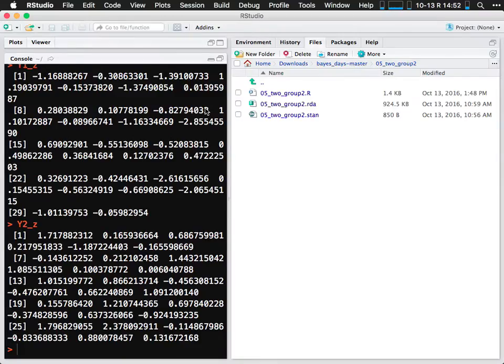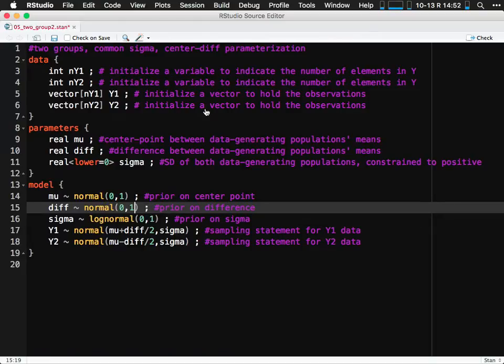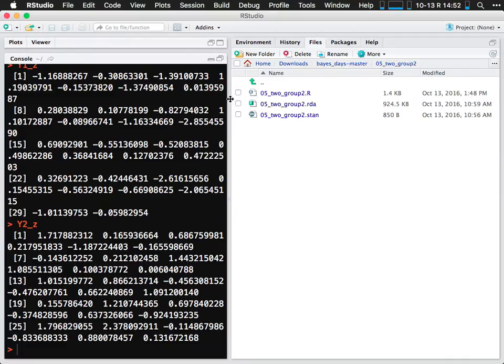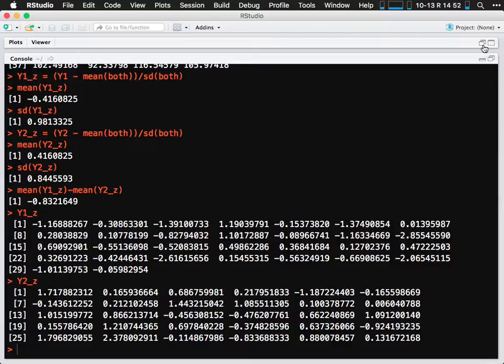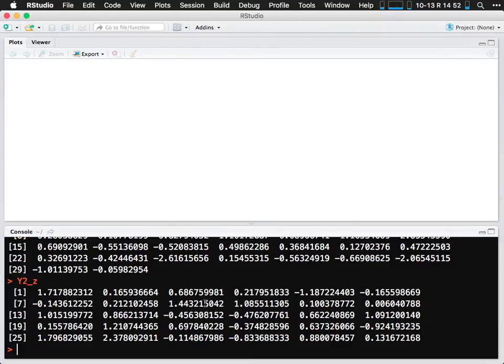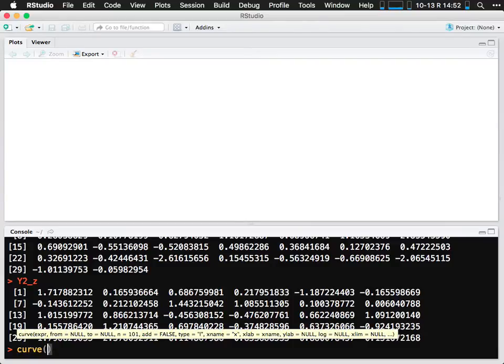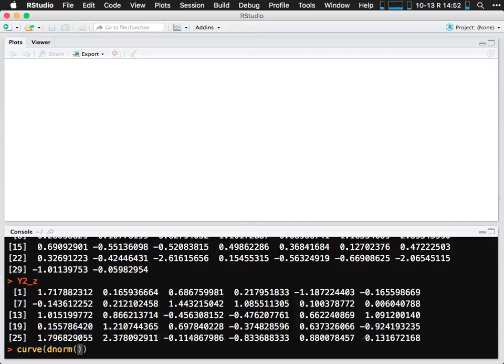Where's my R code? Oh, I closed it. So I'll just do it straight in R. To visualize the normal curve, you can use the curve function. I think I showed you guys that the other day. You give it the result of dnorm. In the same way that we've got normal 0, 1, we can have dnorm 0, 1.